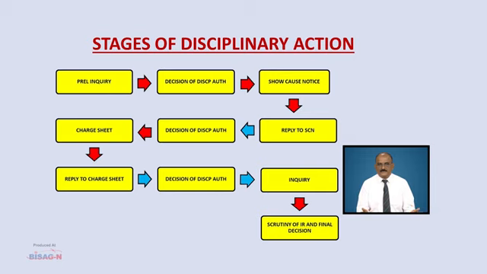The reply to the charge sheet is obtained. Again the case will go to the disciplinary authority. If the individuals have given satisfactory replies, maybe the case can be closed with action, without action, or maybe with administrative action.